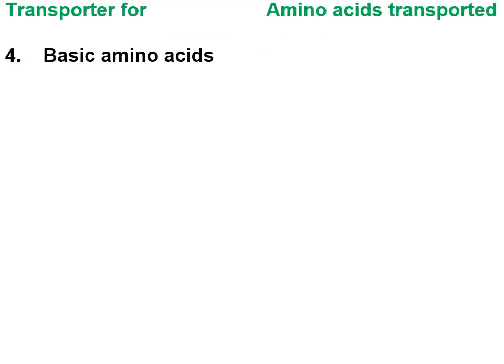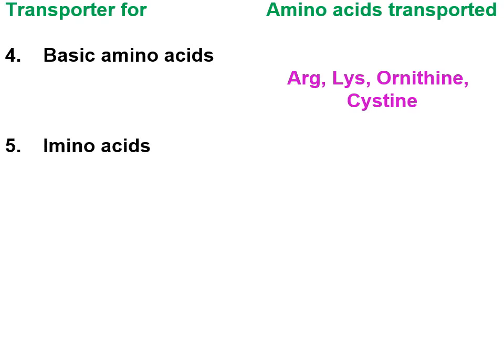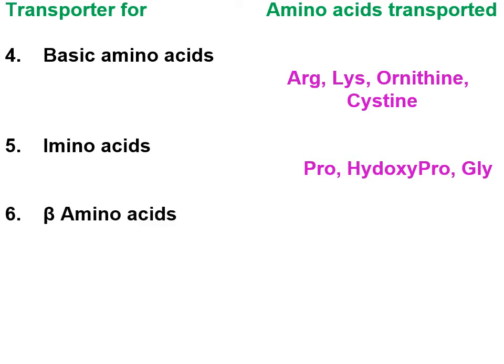Then you have the transporter for basic amino acids like arginine, lysine, ornithine and cysteine. Then you have the fifth type for imino acids like proline, hydroxyproline and glycine. Then you have the transporter for beta amino acids, that is beta alanine and taurine.